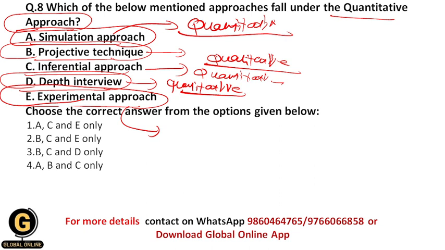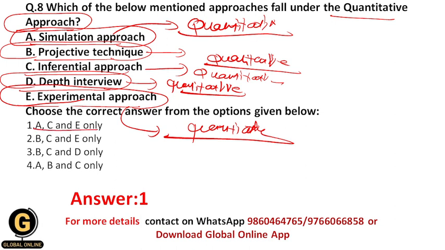And again there are lots of statistical techniques, lots of hypothesis formulation and hypothesis testing procedures, and again there is a quantitative approach. Okay, and that's why the correct answer to this question is one, that is ACE only, because I have told you that simulation approach is quantitative, inferential approach is again quantitative, and experimental approach is again quantitative. And in this question the quantitative approach has been asked, not qualitative. And projective techniques and depth interviews, both of these are qualitative approaches, and that's why the correct answer over here is 1.